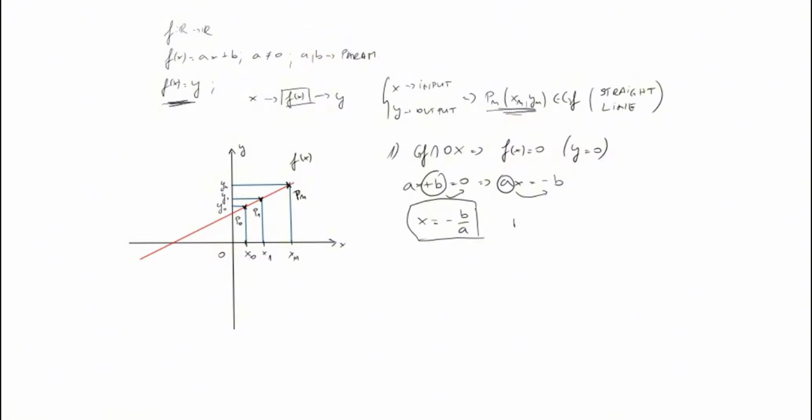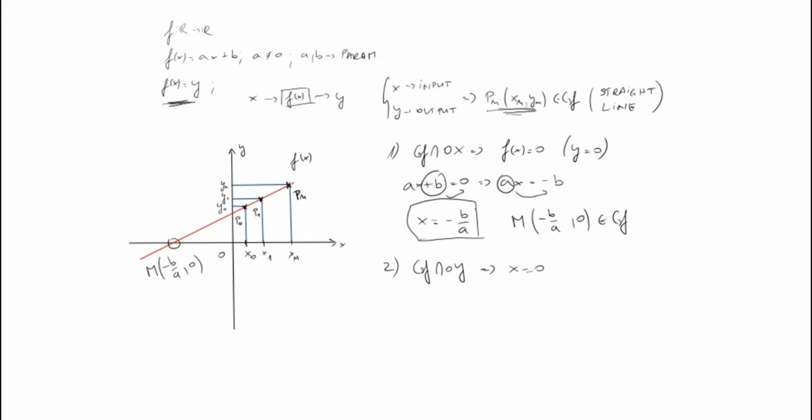So the point, let's call it m, of coordinates minus b over a, and 0 is part of gf, and we are talking about this point here, m, the x is minus b over a, and the y is 0, of course. Okay, second we will intersect gf with oy. This means that x equals 0.